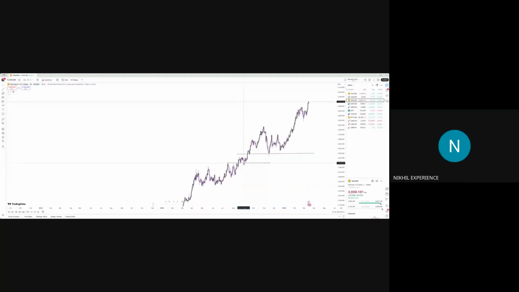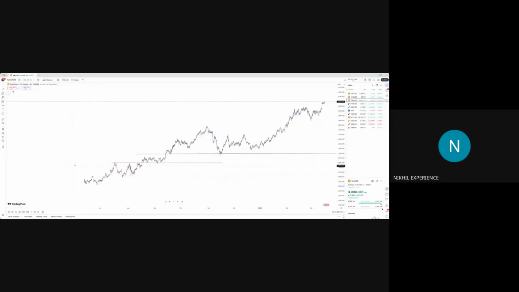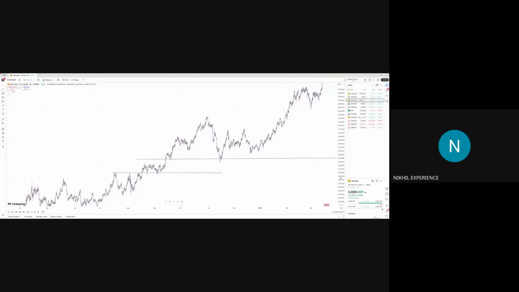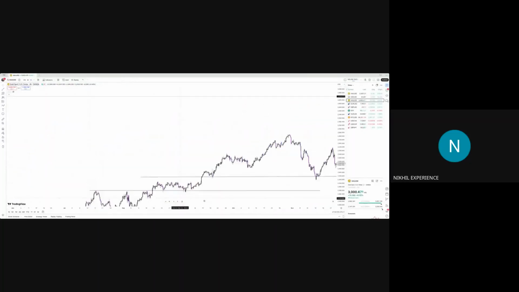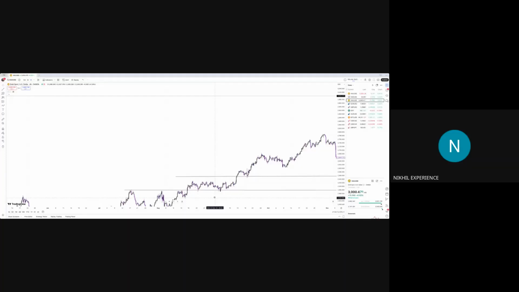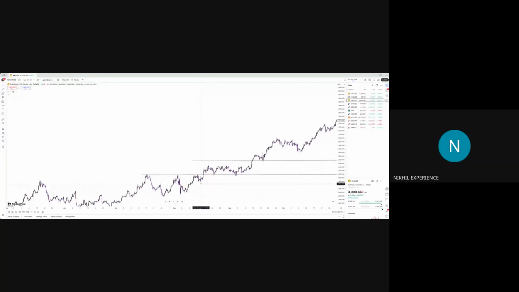This is the daily time frame, right? Let's use this area as a key level. Then we'll go down to like the 4 hours. Price now just broke out, retested, multiple retests actually.